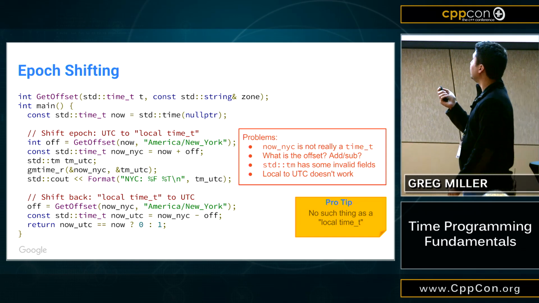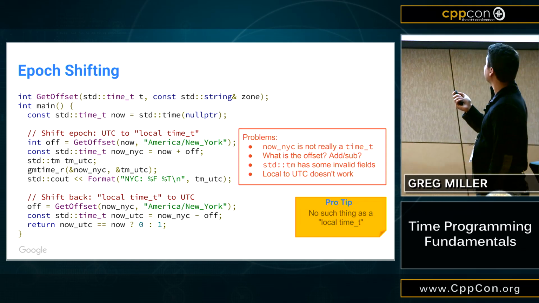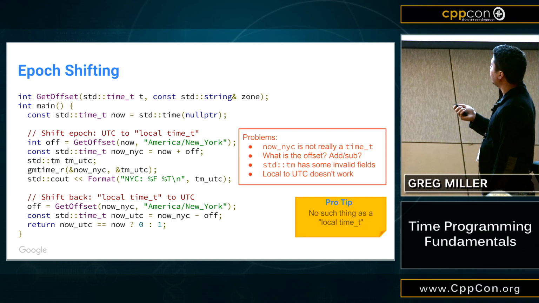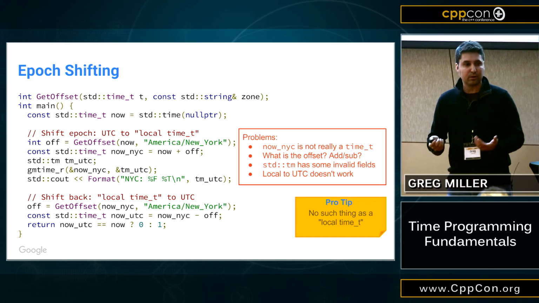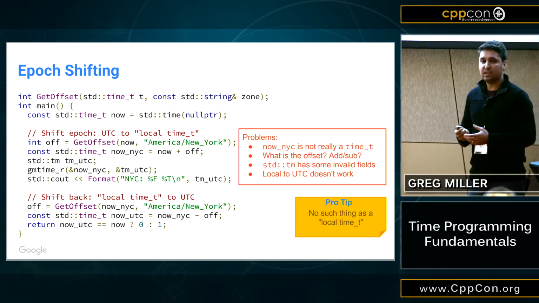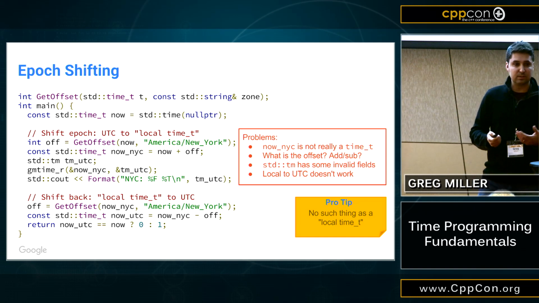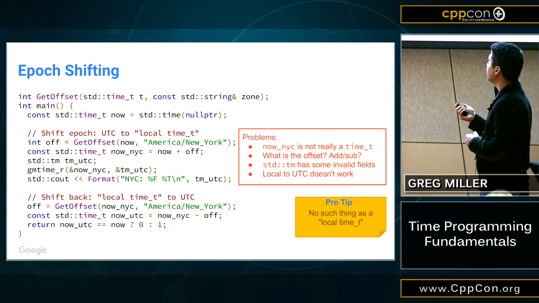So it's not immediately clear whether you're supposed to add or subtract this thing. Additionally, when I break down this now NYC using this function gmtime_r, some of the fields in the struct tm aren't correct. For example, is_dst will always be false since UTC doesn't have any daylight savings time. And another big problem is this block down here doesn't actually work.